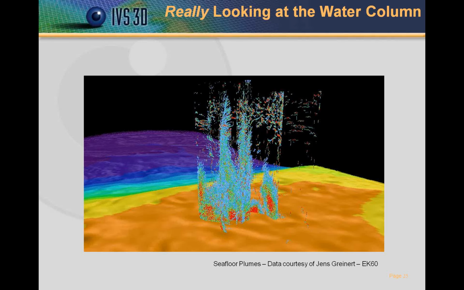They went over this multiple times. We have data from some folks where they'll use a single beam system to basically do a star pattern over a seep, and when you bring that into the 3D environment, you really get a feel for the shape and size of the plume.